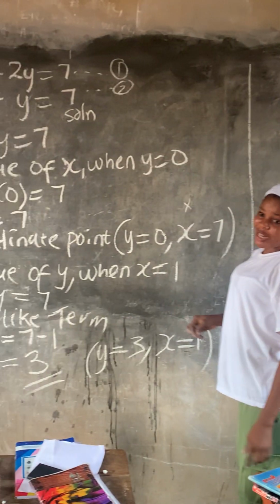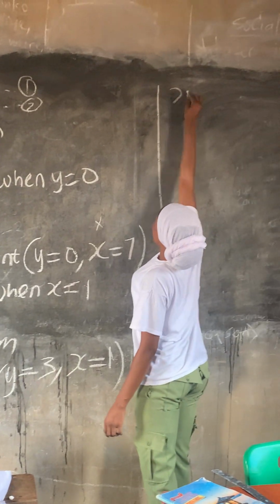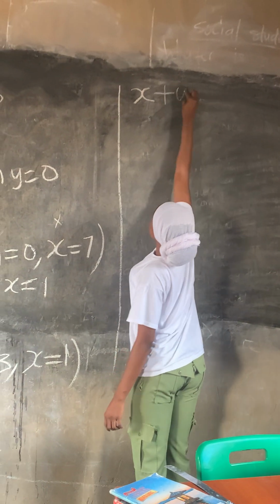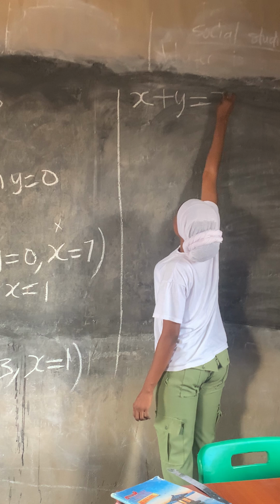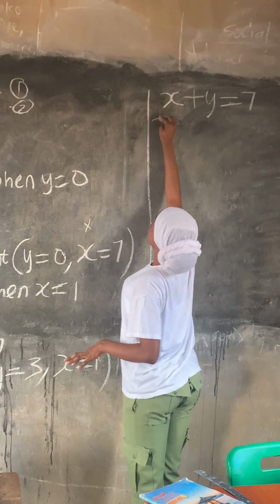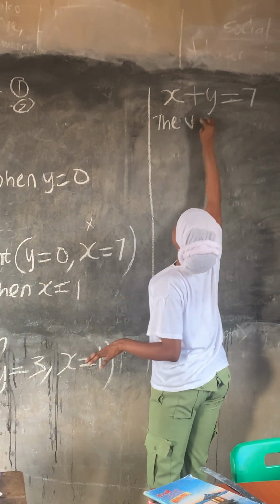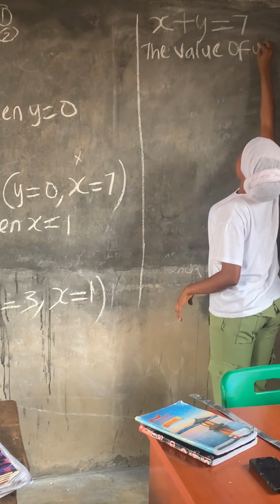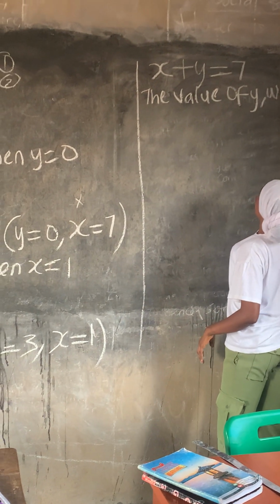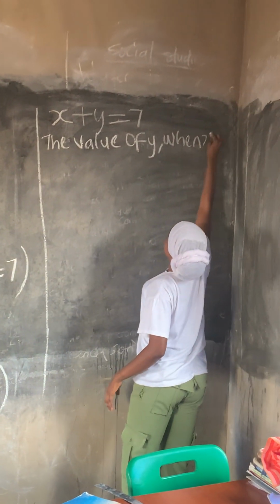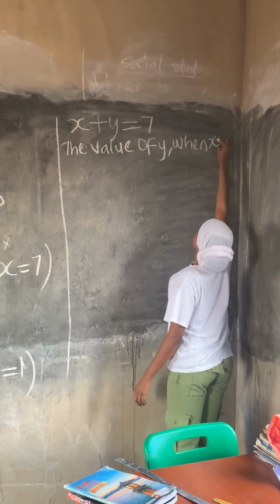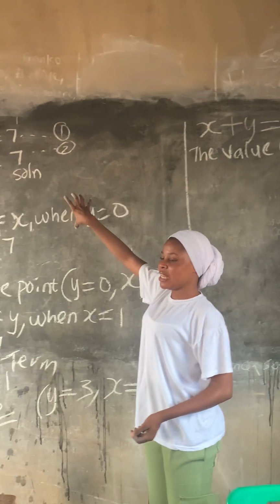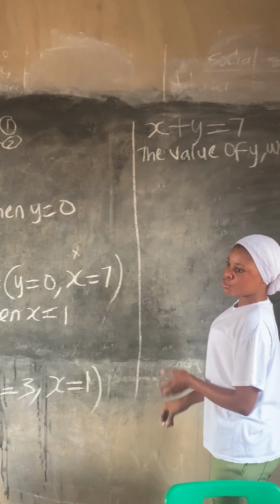So we will do the same to equation 2. What was equation 2? x plus y is equals to 7, right? So now the value of y when x is equals to 0. Anything we did to the first equation, we are also doing to equation 2, okay?